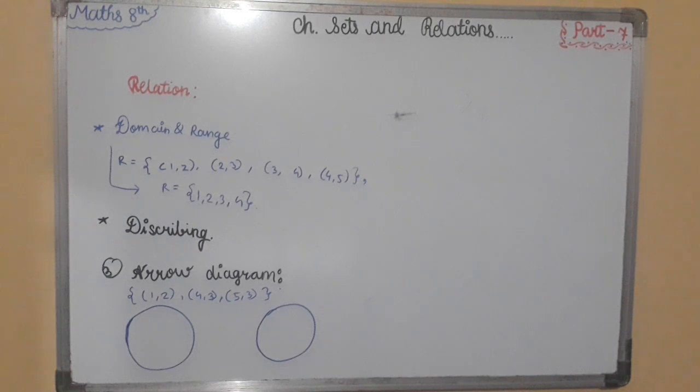Circle 1 is X and circle 2 is Y. First, arrow from 1 to 2. Then here 3, here 4 and 5, and these will be interconnected like this. This is the arrow diagram.